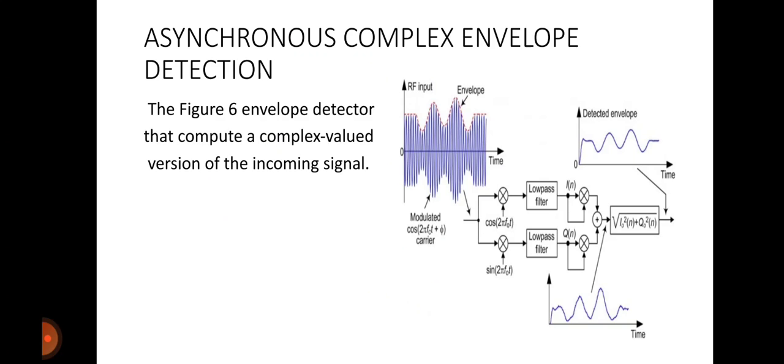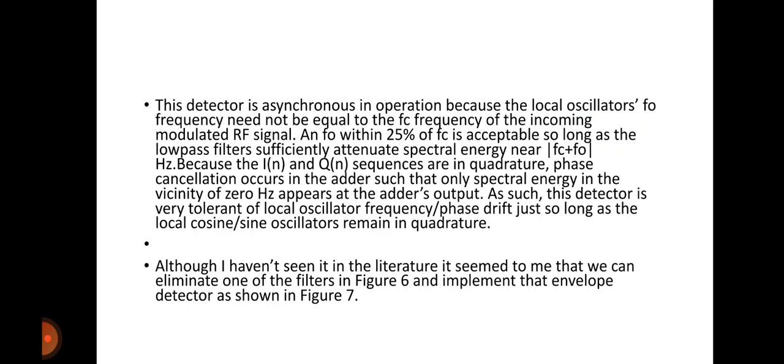Same as the other, here we are using two low pass filters, and the signal is separated and then again summed and given to the square root circuit so that the envelope is detected at the output of the asynchronous complex envelope detection.